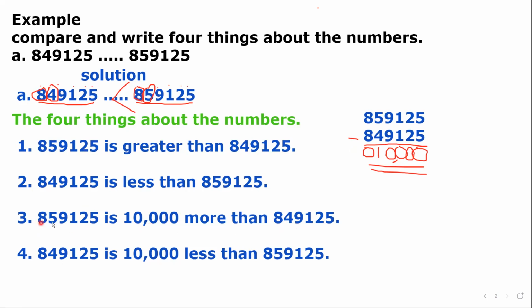So which means that the 859125 is 10,000 more than 849125.